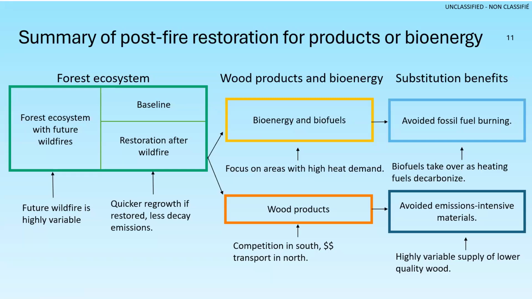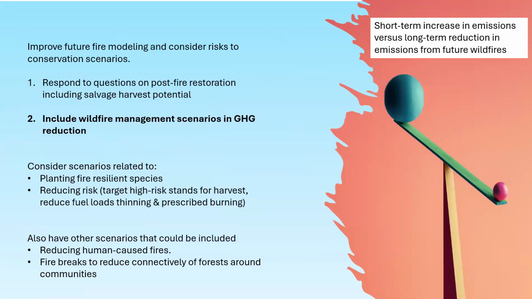So this was a big learning experience for us, trying to understand future wildfire modeling in the context of GHG reduction scenarios. So we got our feet wet with looking at post-fire restoration, but then we started thinking about wildfire management scenarios and how could we reduce the wildfire emissions. If we look through the various scenarios in the literature, we can find scenarios related to planting fire-resilient species, as well as reducing risk.